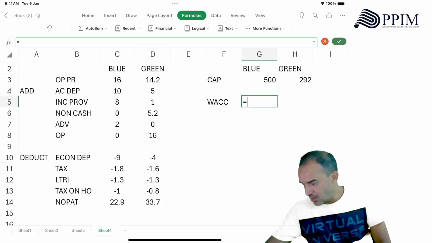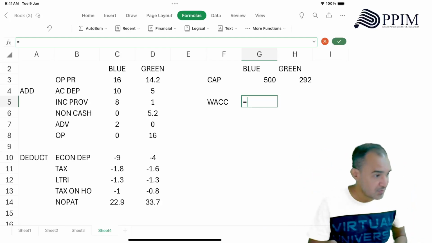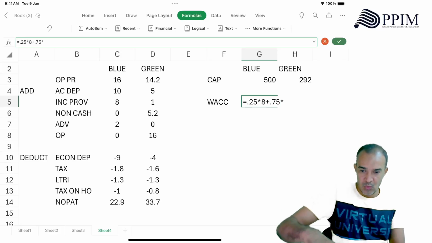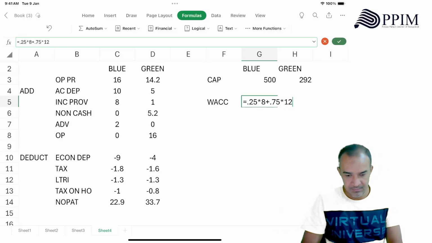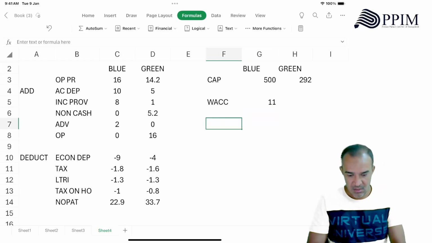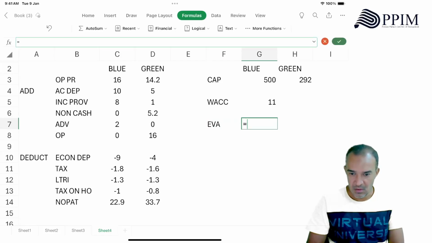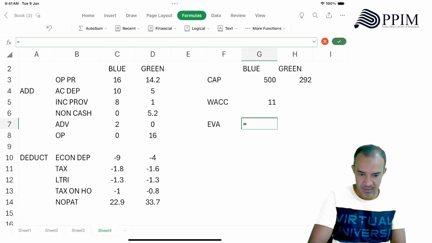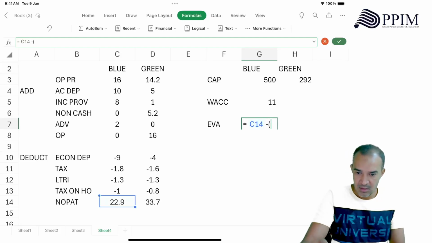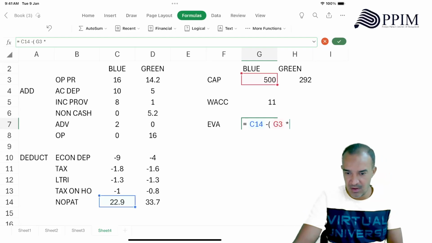So 1:3, 0.25 into 0.75, right? So 0.25 into 8 plus 0.75 into 12. So your WACC is 11%. Therefore, EVA: $22.9 minus capital employed multiplied by WACC.